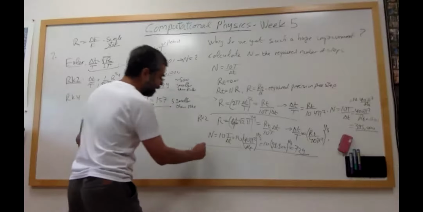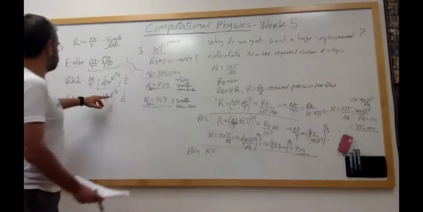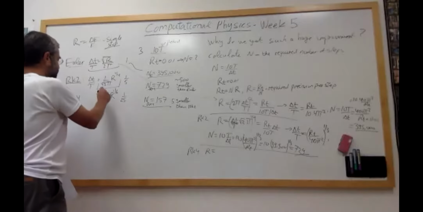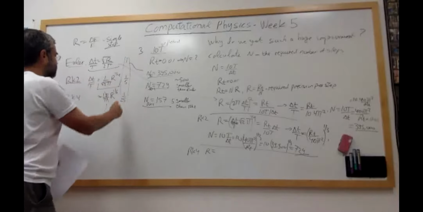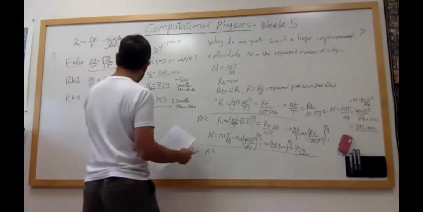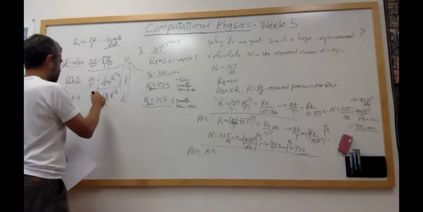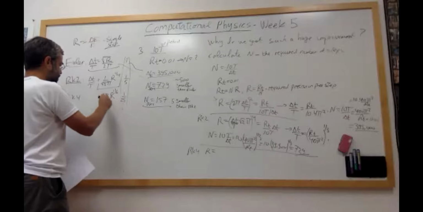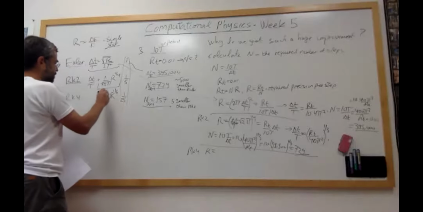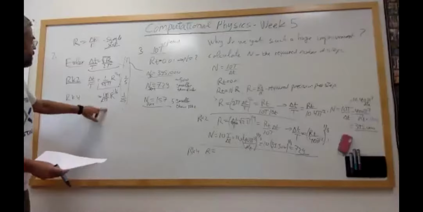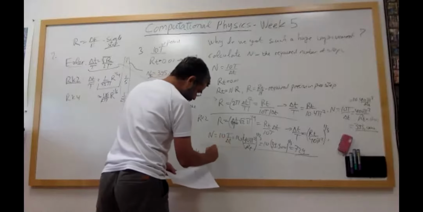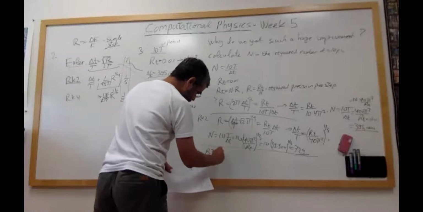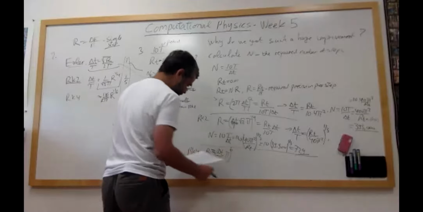And if you go to RK4, then R, let's say this is roughly 1. Sorry, here there is a 2 pi. Okay, so this roughly cancels with the 2. So R is now roughly delta T over T times pi to the power of 6.